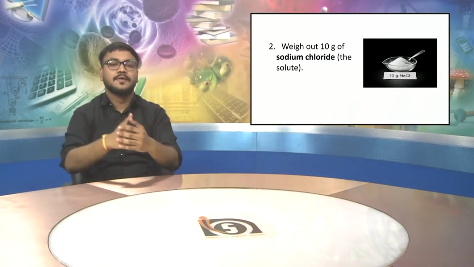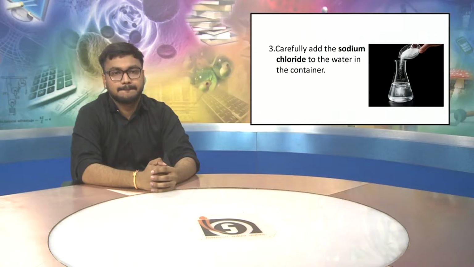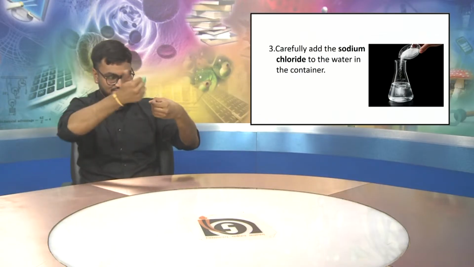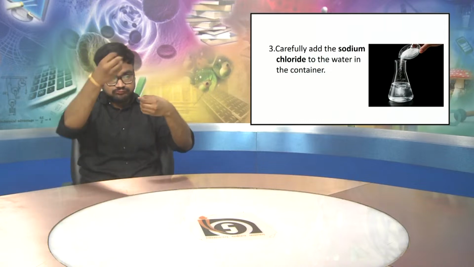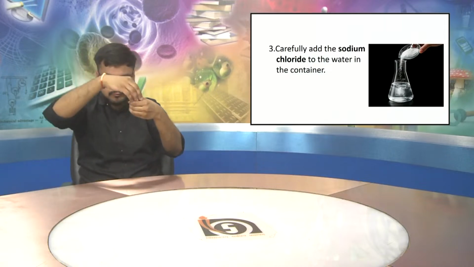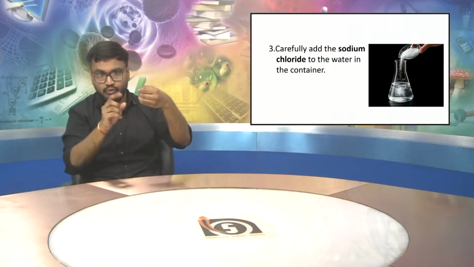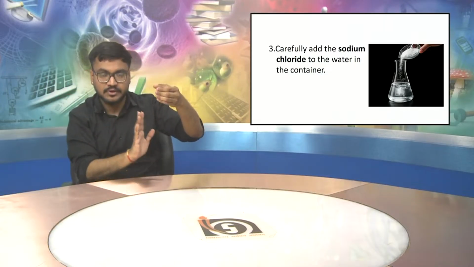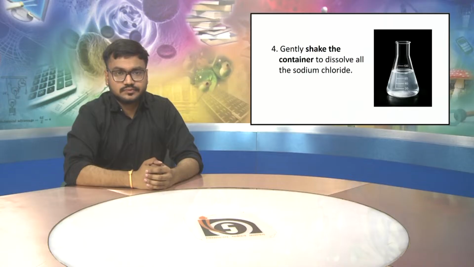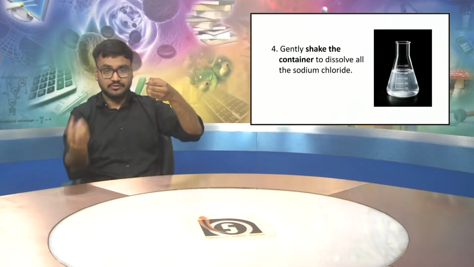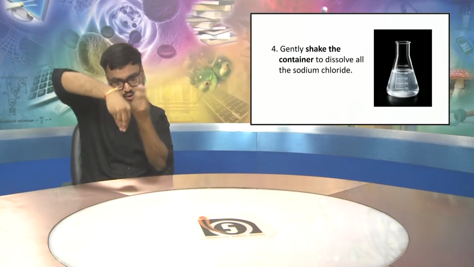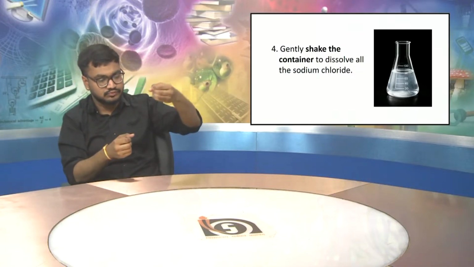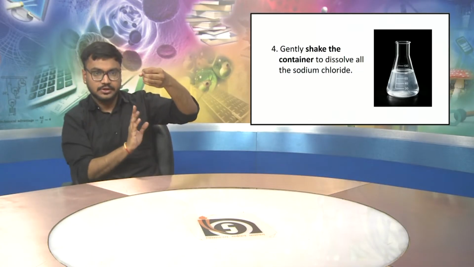Weigh out 10 gram of sodium chloride, which is the solute, and now carefully add the sodium chloride into the water in a container. After adding, gently shake the container to dissolve all the sodium chloride.